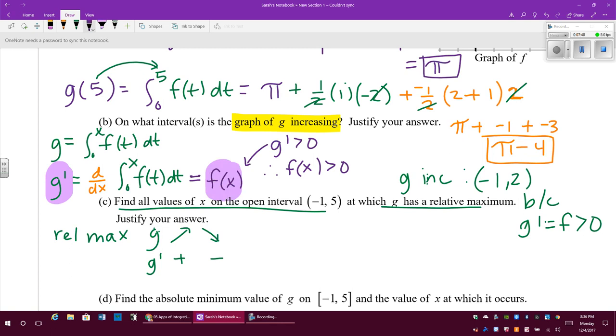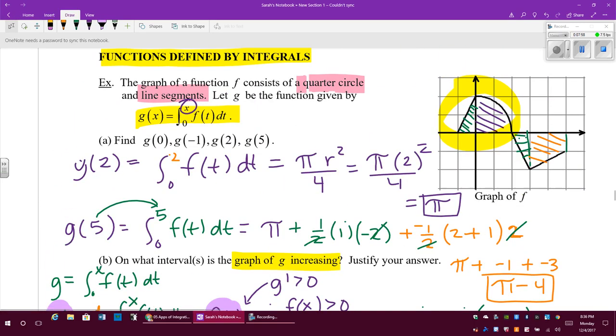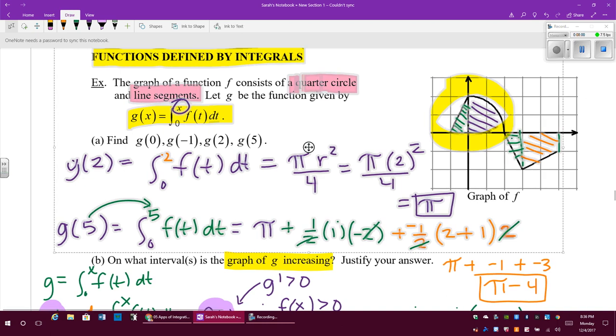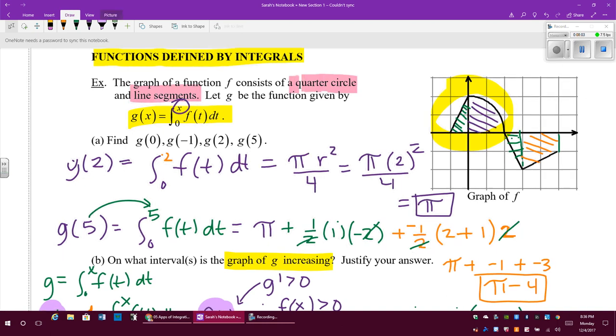So now I can say that I'm really going to be looking for when f changes from positive to negative, which I can go up to my graph and see that it's going to change from positive to negative right here at 2.